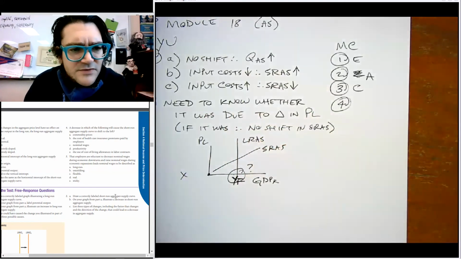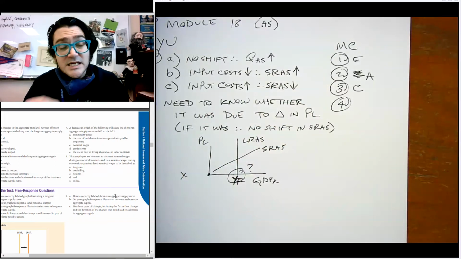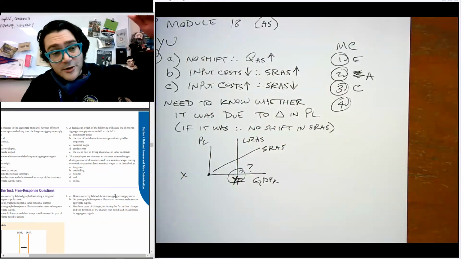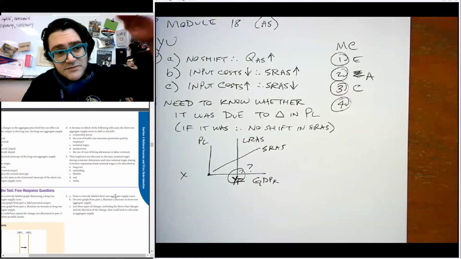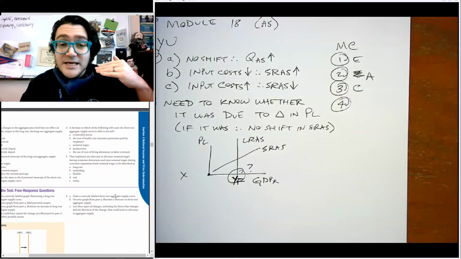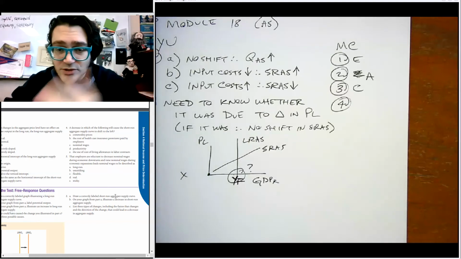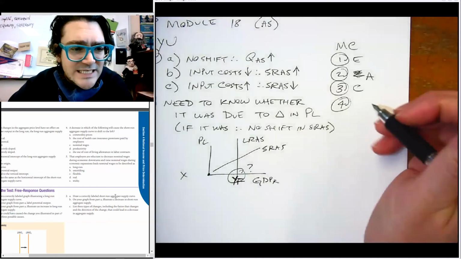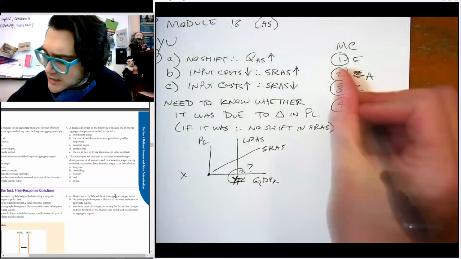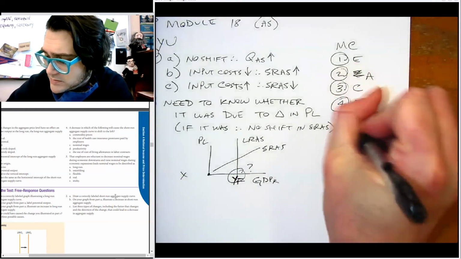The use of cost of living allowances in labor contracts, that causes costs to be higher, right? Because if you use these cost of living adjustments, that's going to make people's wages automatically go up. And so that's higher wages and that's reducing aggregate supply. So D, decrease in productivity, causes SRAS to go to the left.